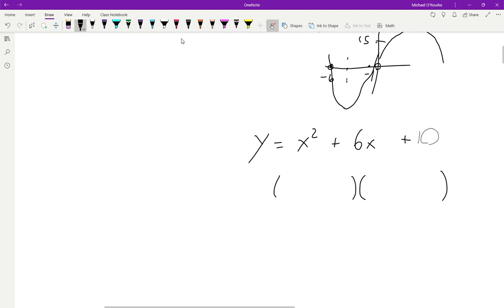Oops, I clicked on the wrong one. 10. You tell me to factor it, correct? But there's no two numbers that multiply to get this number that add to get this number. Do you guys agree with me? Yes, no, maybe so.